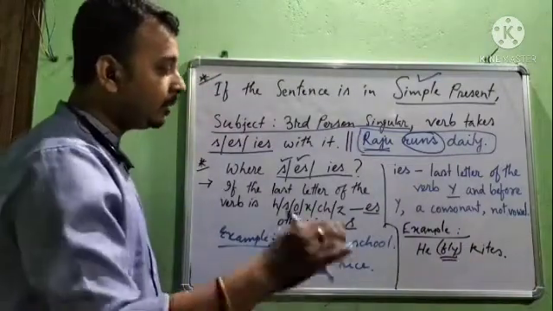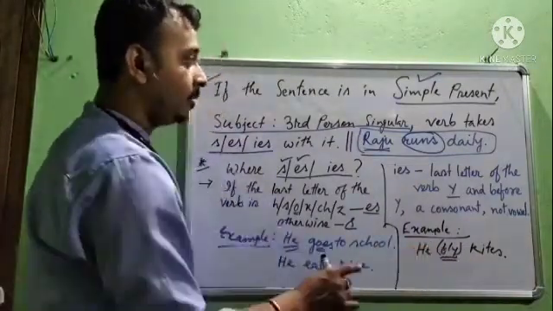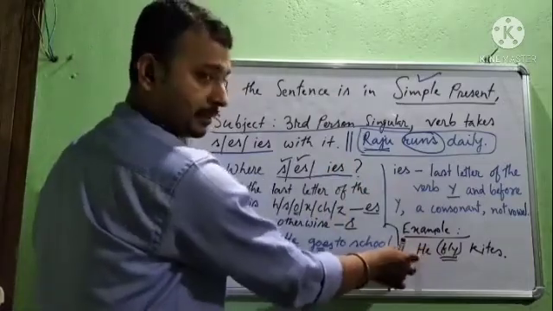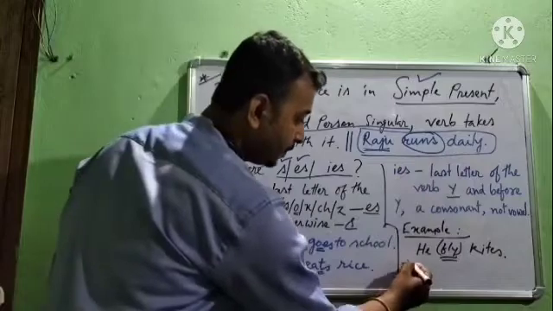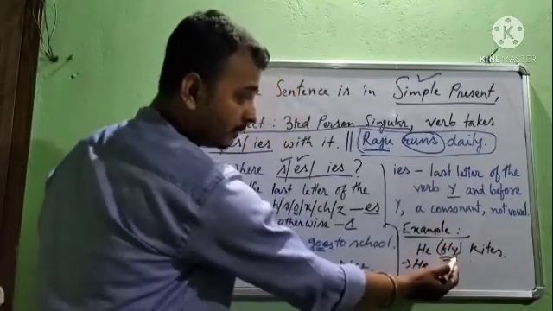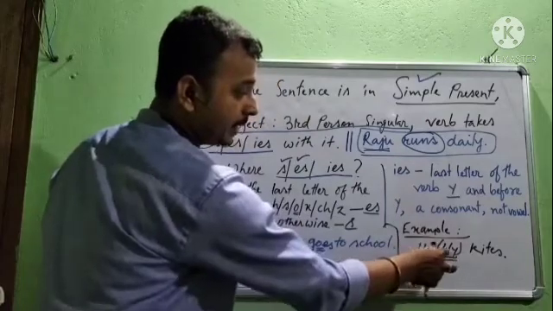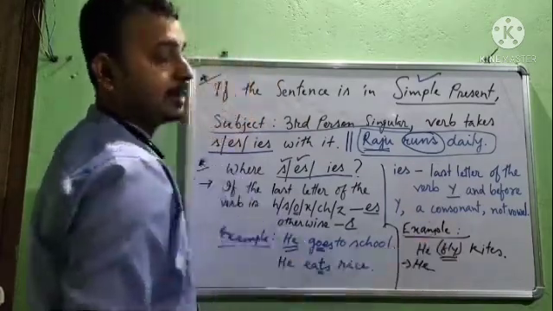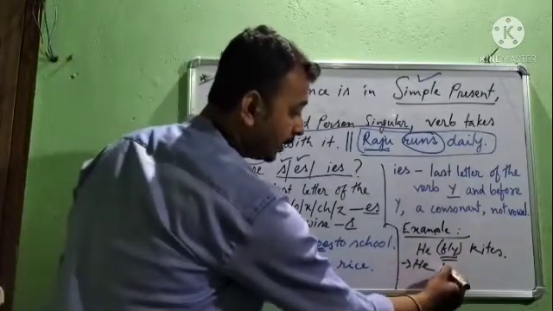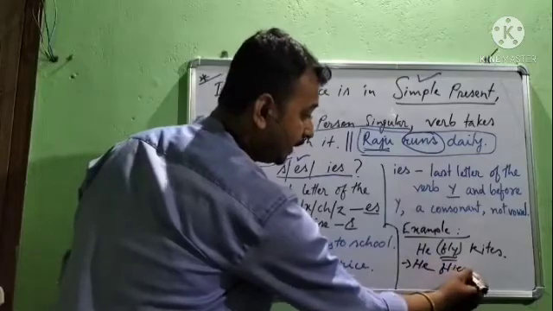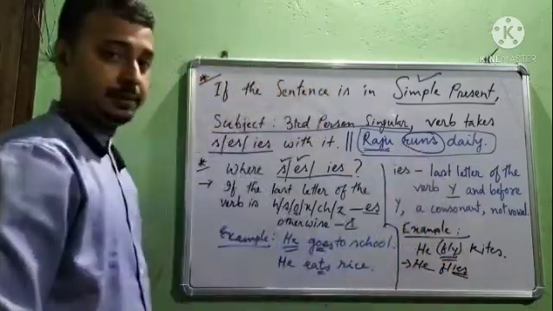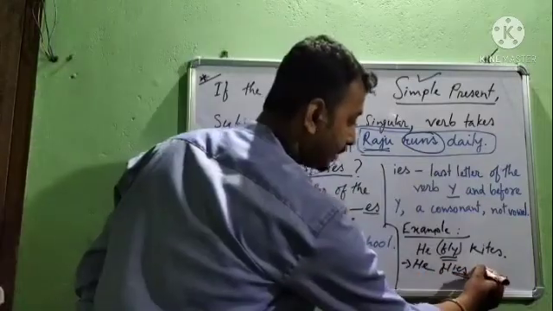We all know that "he fly" is wrong in simple present, because S or ES has to be added since the subject is third person singular. Now with the verb, we know that if the last letter is Y and before Y there is a consonant, and L is a consonant here in this word, then Y is replaced with IES: flies. You remember this. Flies kites.